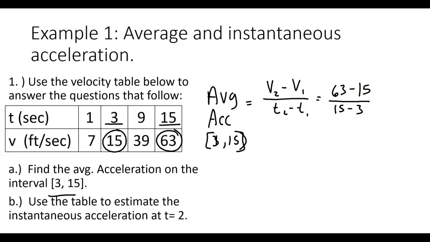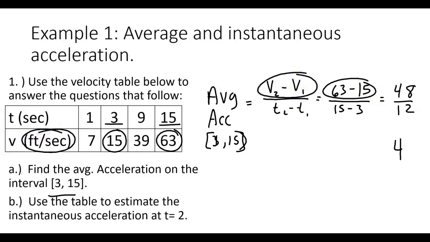So let's go ahead and simplify this and see what we get. 63 minus 15 is going to be 48, I believe. Is that right? I think so. And then 15 minus 3 is 12. And then we divide and we get 4. But we don't want to forget our units. Now, these top numbers here were velocities, right? And velocity has units of feet per second.